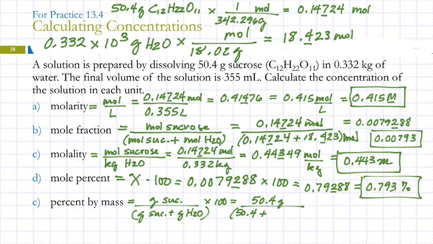And the mass of the water in grams would be 332 grams. And here the units cancel out again. So 50.4 divided by the quantity 50.4 plus 332 times 100, 13.179.2%.